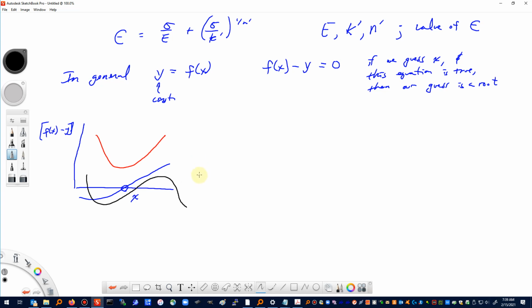All right, well, how does it work? Like I said, it starts off with a guess. You put in your value for x into this function, you subtract off this constant term, and chances are you're not going to guess it right. So you're going to get a residual.